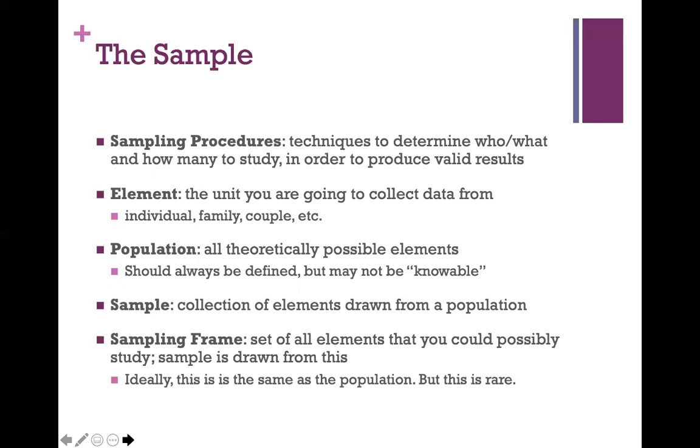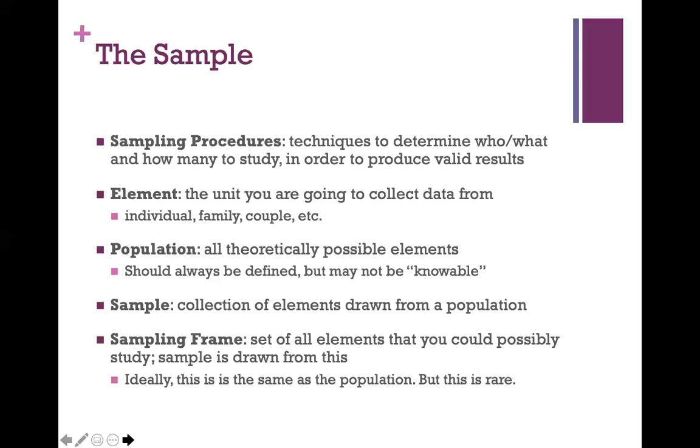So now I've defined my population, but I don't actually know the whole population. There's no list anywhere of all couples that fit those inclusion criteria. The sample is our collection of elements that we take from that population. So now my sample is all of the couples that I'm able to take from that total population and bring them into my study.